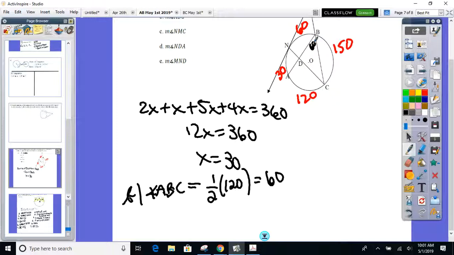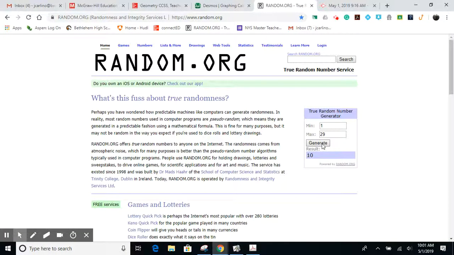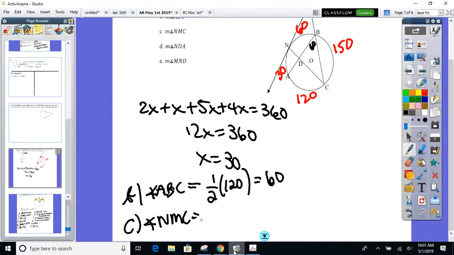Perfect. What's C? Angle NMC. Let's see where that is. Inside or outside? Outside. There's only one way to find an outside angle: half of the difference. What do I do with the 2 arcs in between if the angle's on the outside?